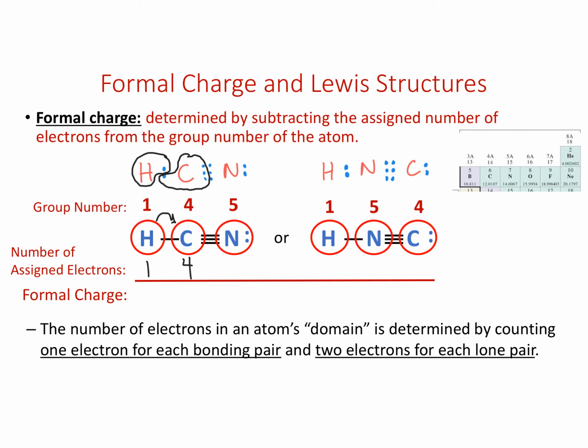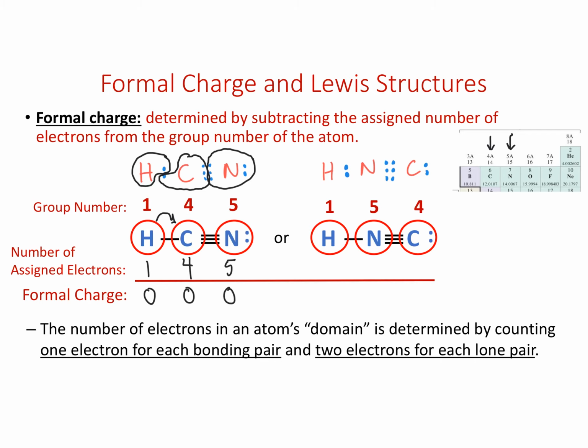So we're going to assign 5 electrons to nitrogen, 3 from the carbon-nitrogen triple bond, and 2 as lone pair electrons for a total of 5 electrons. For the group number, hydrogen is group 1, carbon is group 4, nitrogen is group 5. Subtract those, and I should have a 0 charge there, a 0 charge here, and a 0 charge there.